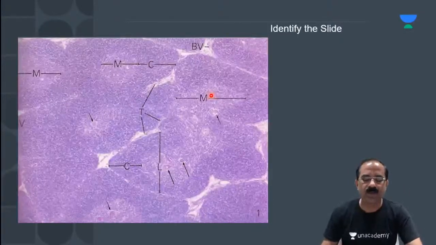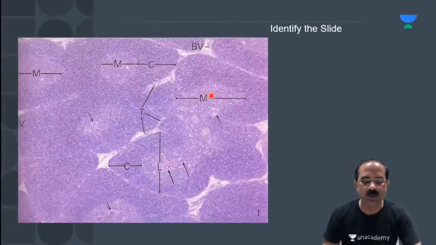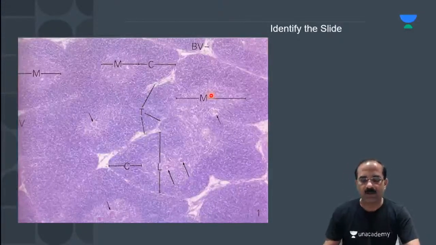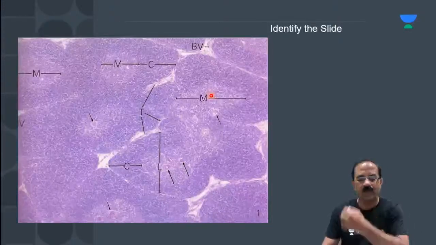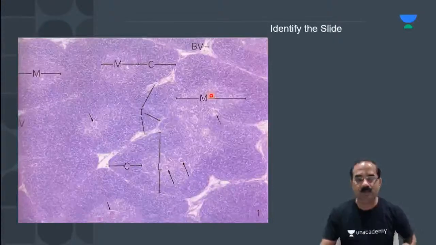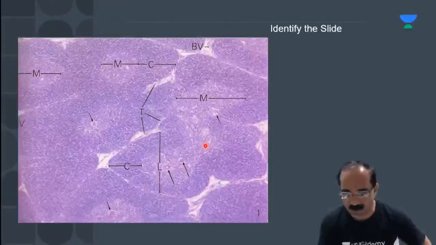This is a slide of lymphoid tissue. I'm giving you a hint. It's a slide of lymphoid tissue. Now say. Can't answer? This is a slide of thymus. This is a histological slide of thymus.